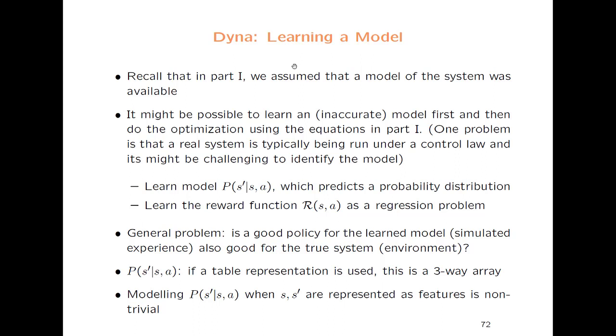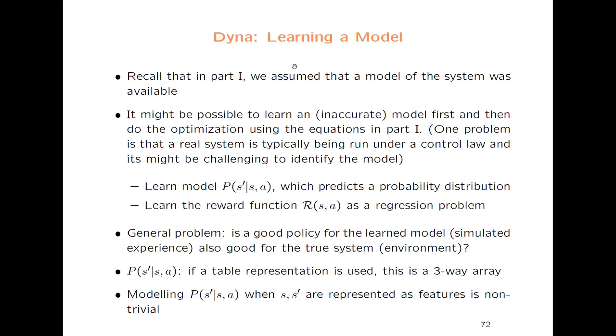Of course, it's not clear that a good policy for the learned model based on simulated data is also good for the true model, because reinforcement learning is very smart in exploring certain properties of your model, and if your model is not very good, it might exploit some properties which are not really there in the true system.